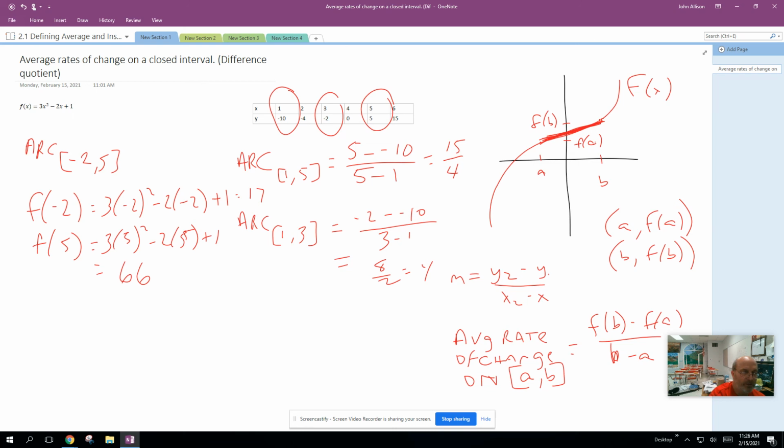And so here the average rate of change would be 66 minus 17 over 5 minus -2, which would be 49 over 7, which is 7. And that's how you do average rates of change on a closed interval when you're given functions analytically, numerically as a table, or graphically. That's how you find average rate of change.